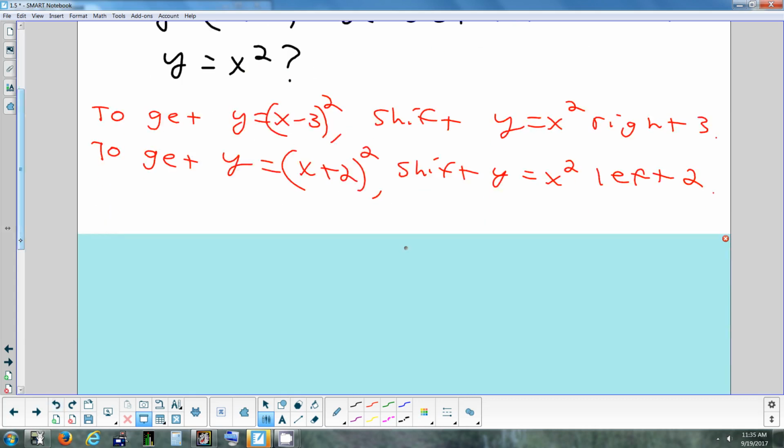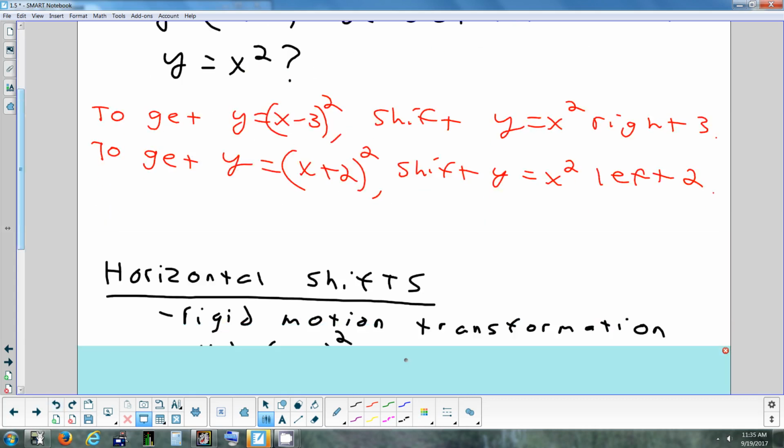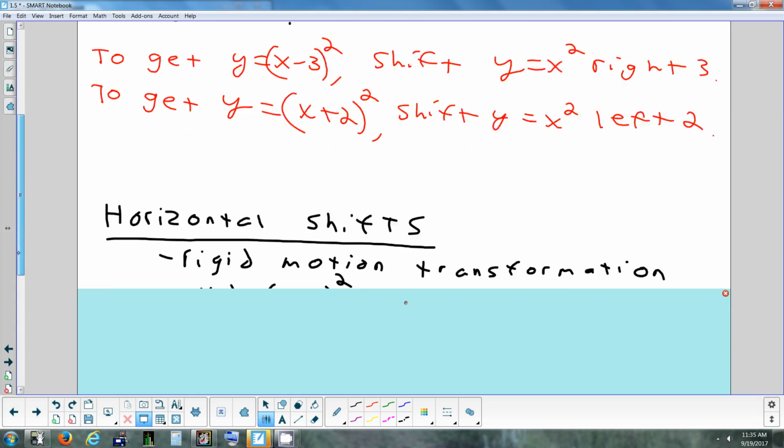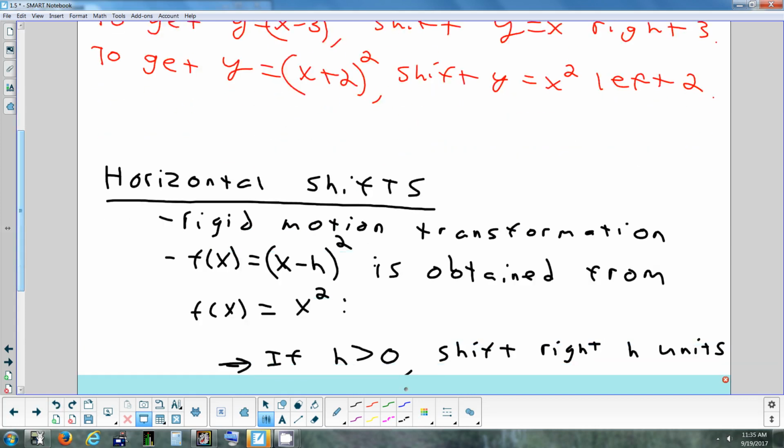Okay, so this is, again, another rigid motion. We're not stretching anything. We're just taking something and moving it. And the pattern here is if it's written as x minus h, look at the h. Block out the x and the minus. Just look at what comes after it.